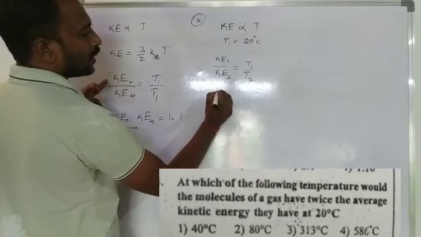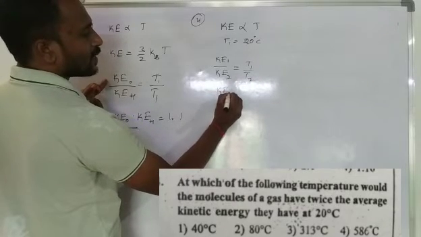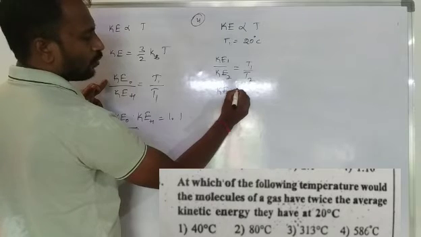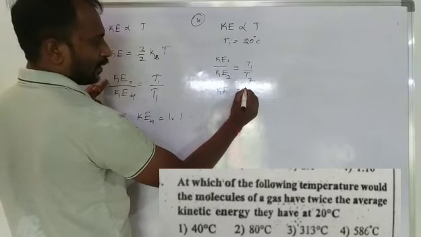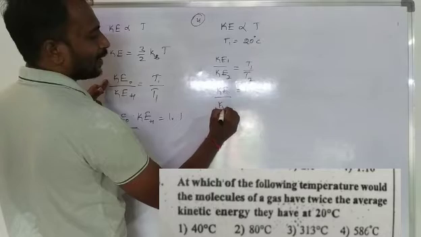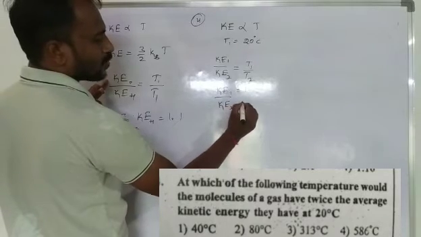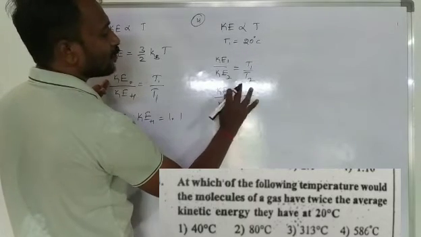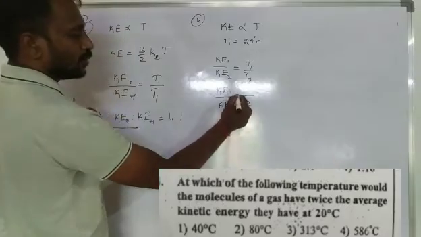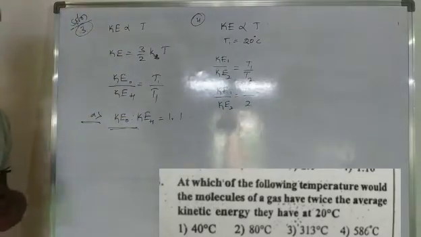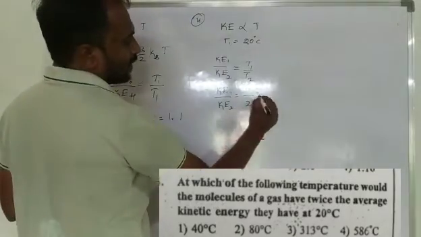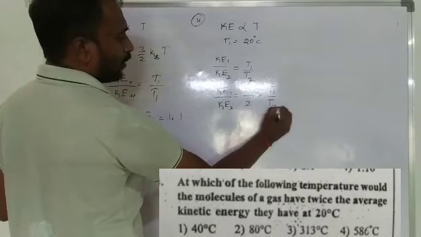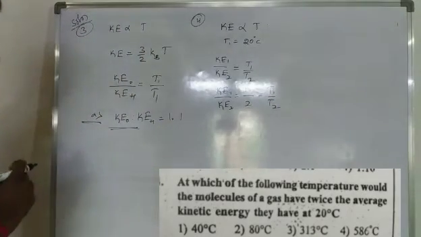Suppose the kinetic energy of the first gas is 1 joule, and the kinetic energy for the second gas is twice, meaning 2 joules, so 1 by 2. So it is equal to T1 divided by T2.